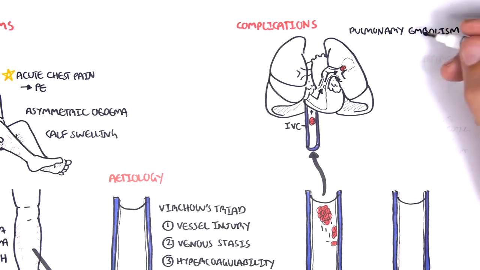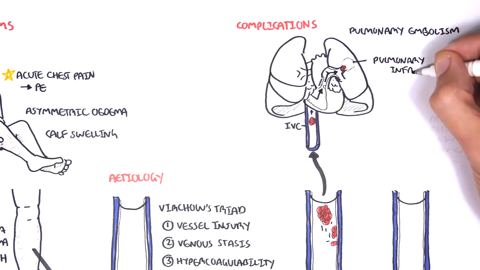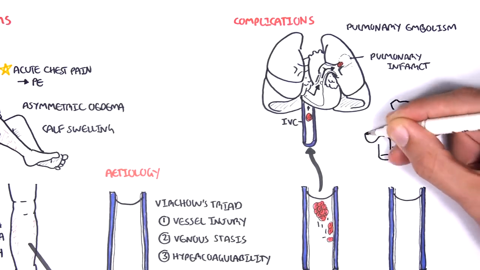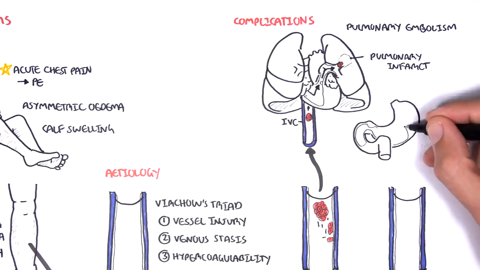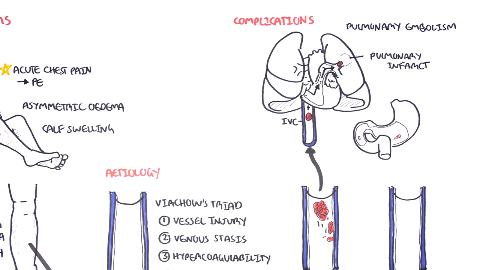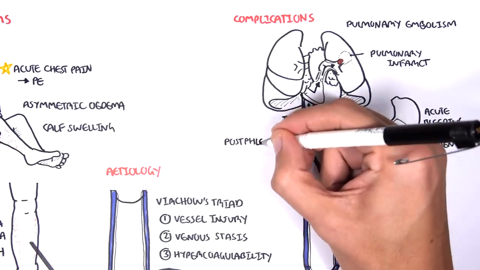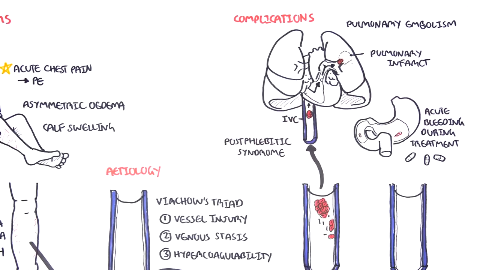And this can subsequently cause pulmonary tissue infarct if it is big. And so pulmonary embolism is a big complication of deep vein thrombosis. Another big complication is actually the side effects of the medications people take who have deep vein thrombosis. And these medications can cause acute GI bleeding because the medications are anticoagulants.